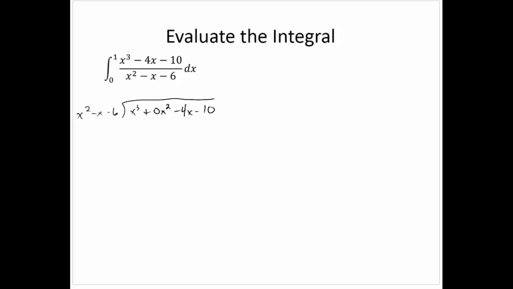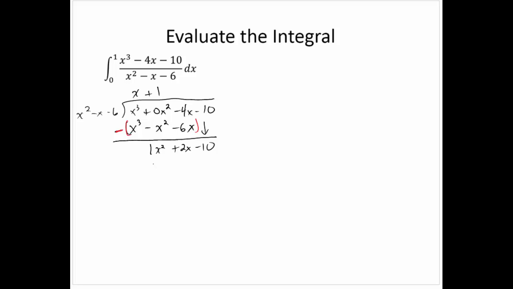All right, long division, x squared divides into x cubed, x times, multiplying back, x cubed minus x squared minus 6x, subtracting that line. There go the x cubes. 0 minus negative 1, that would be plus 1x squared plus 2x. Bring down the minus 10, repeat the process. x squared divides into x squared one time, multiplying through.